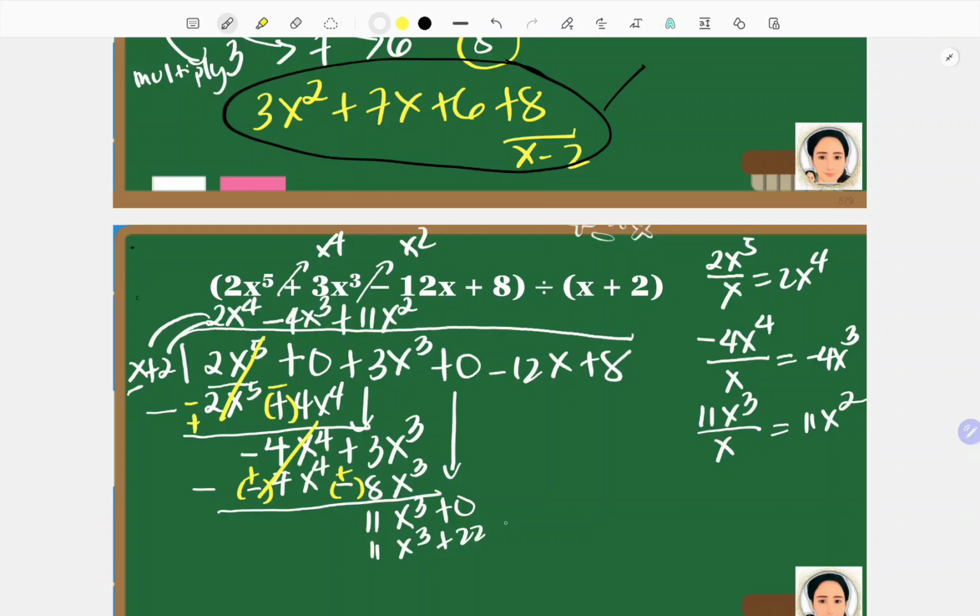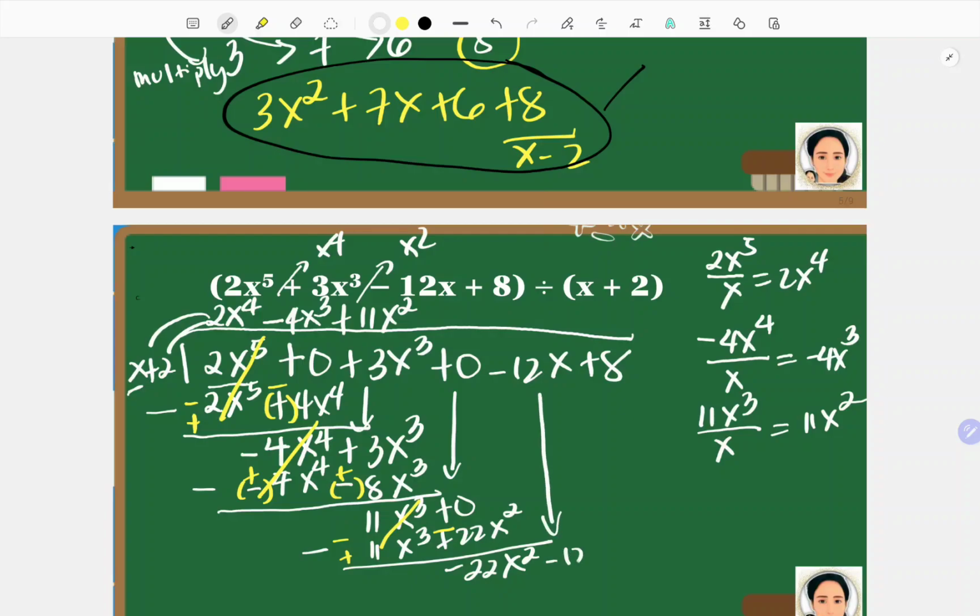Positive 22x squared. Then, subtract. Change the sign of the subtrahend. Positive will become negative. So, this is 0. Positive will become negative. So, you have here negative 22x squared. Then, bring down the next term.